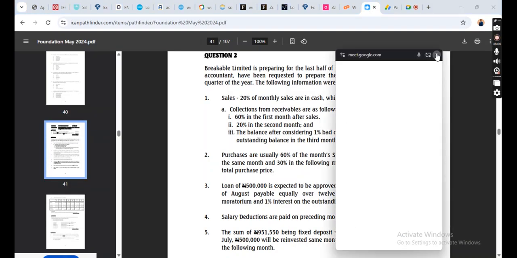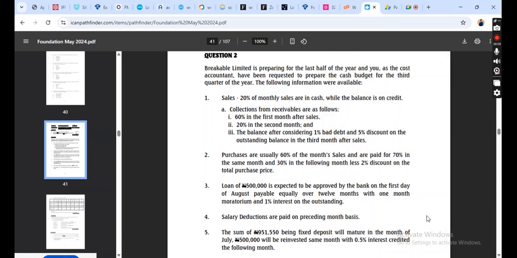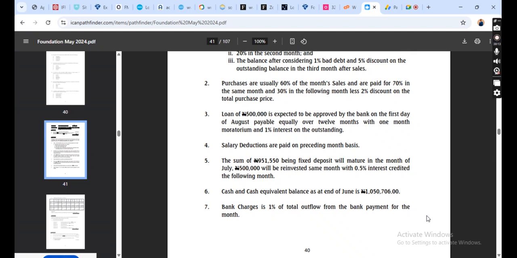The next one is: salary deductions are paid on preceding month basis. Please mute your mic.